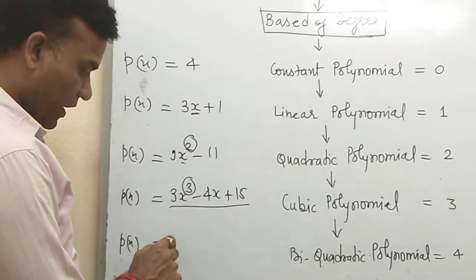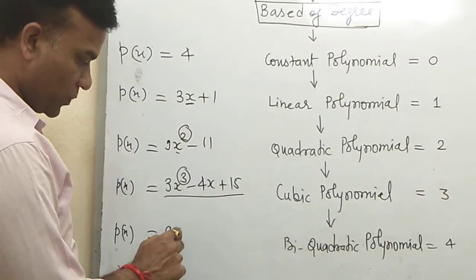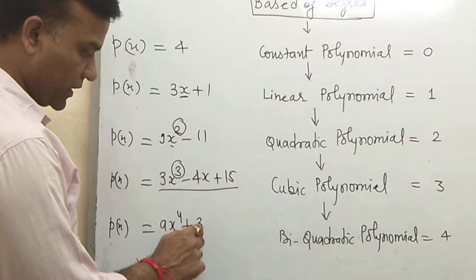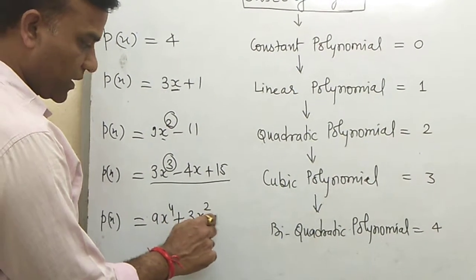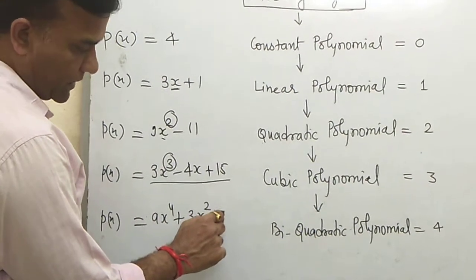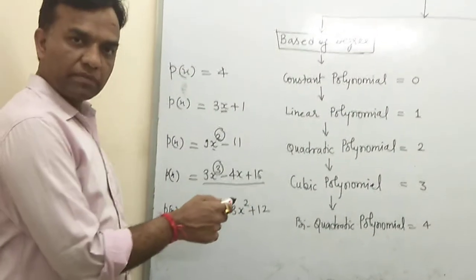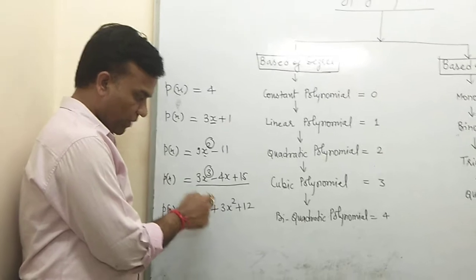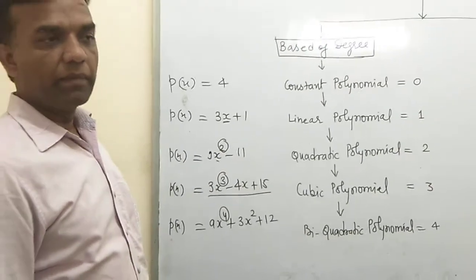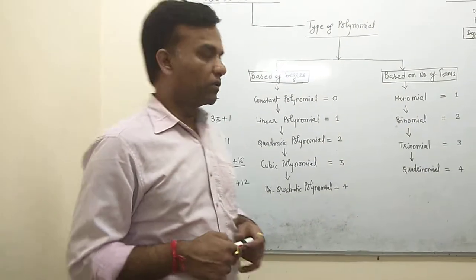Now here we include x to the power 4 plus 3x square, plus maybe you add on 12. How many terms there are does not matter, but one thing to remember: the variable given has highest power 4.